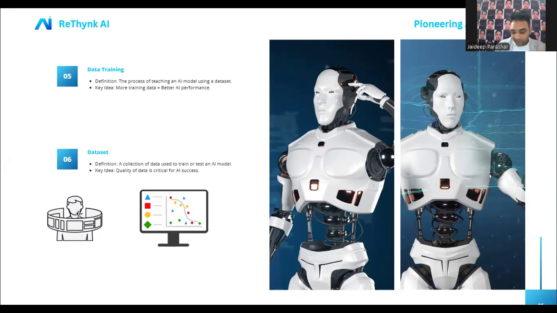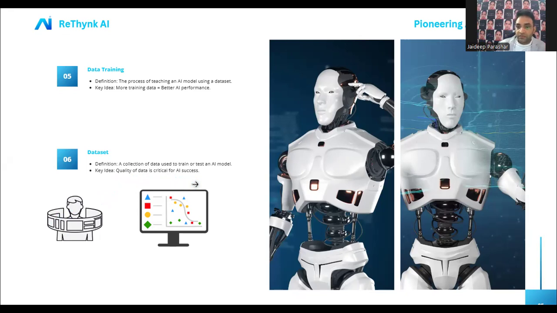Everything these days works on data training. Here are two important things which you should learn and remember forever. One is that quality of data is critical for AI success. It's not that every data set is important. If there is one data set which has 50% fake data or 50% misinformation, then this data set is not that relevant.